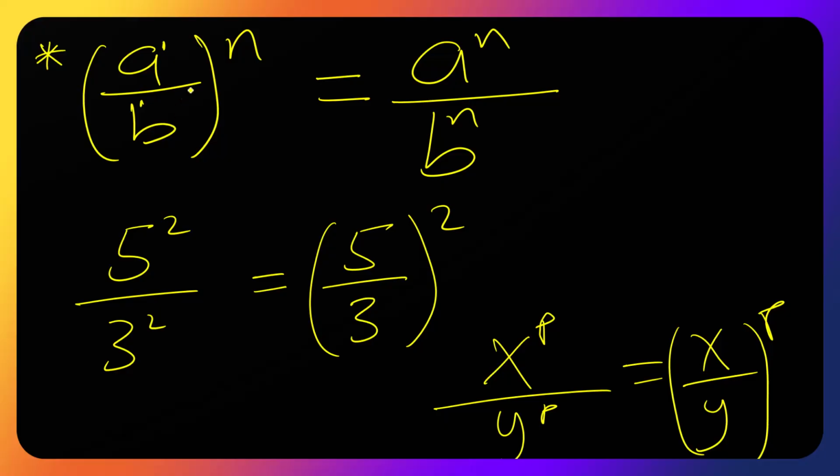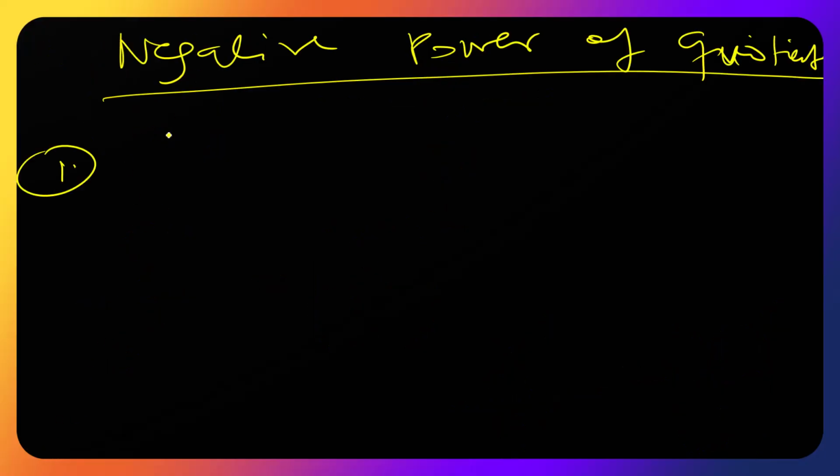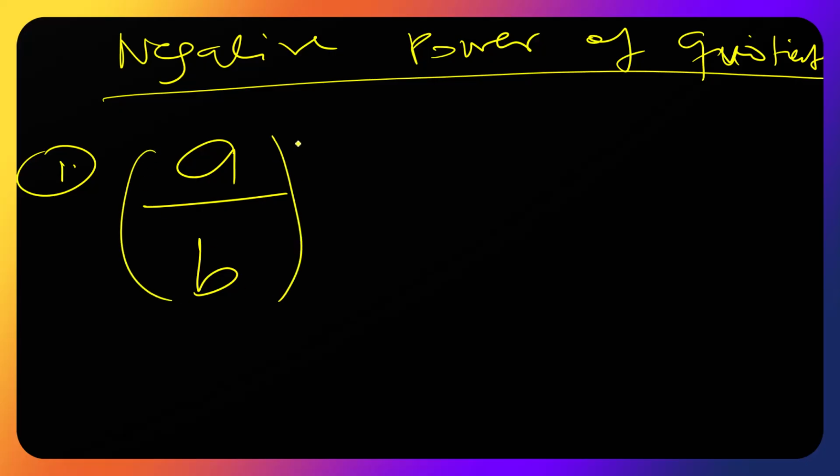Negative power of quotient. Okay, the negative power of quotient. So I'll build my point based on this. So a on b all to the power of minus n.